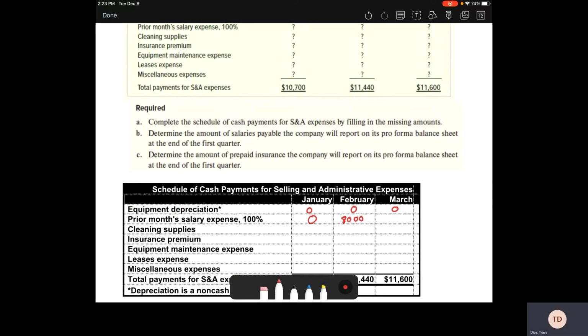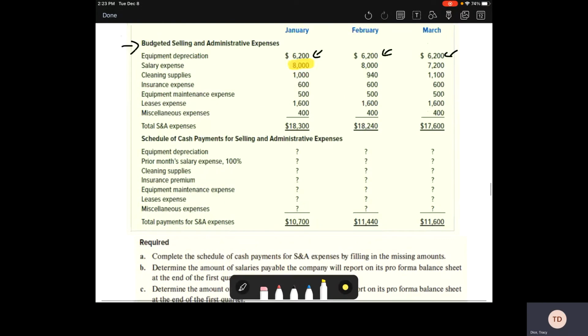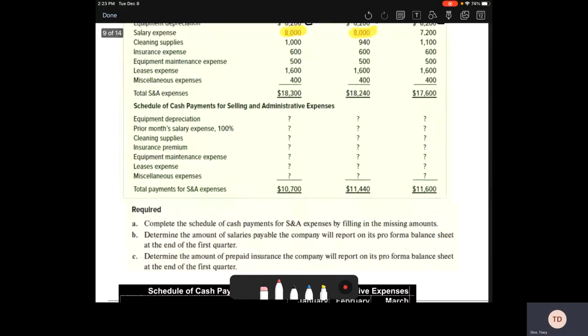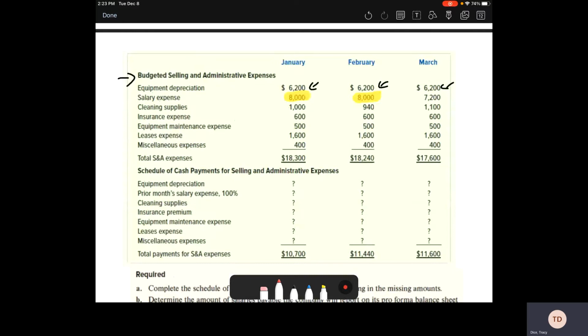And then whatever February's was, that's what we're paying off in March. So we come up here, find out that it's also $8,000, so we pay off that $8,000 in March. And then you can see that if they asked us what is our salaries payable, we would still owe $7,200 worth of salary at the end of March.